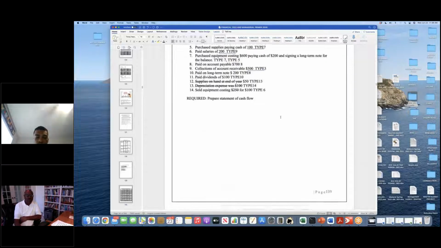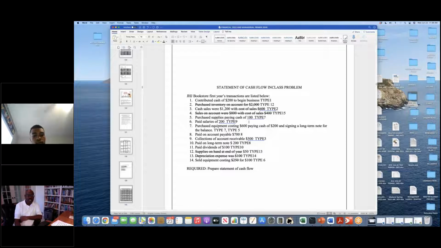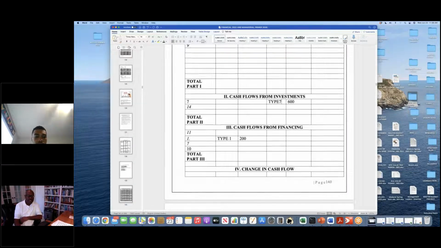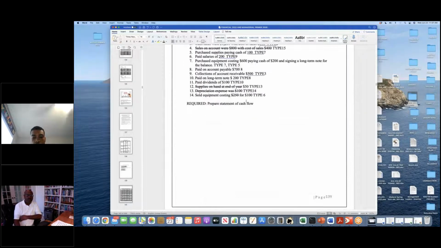Then we're going to say that we pay 200 directly, but then we borrowed 400 in a type 5 and paid the rest of this. So type 7 is in 2 locations. And of course, we borrowed the difference between the note 600 and what we paid in cash 200.